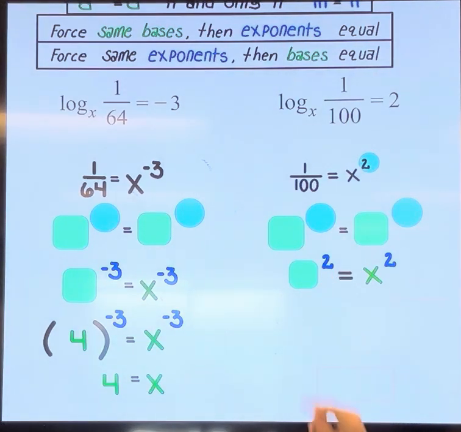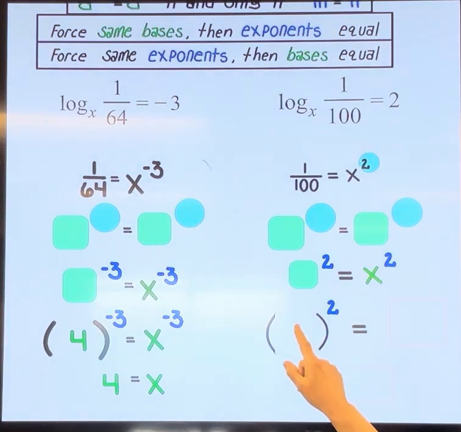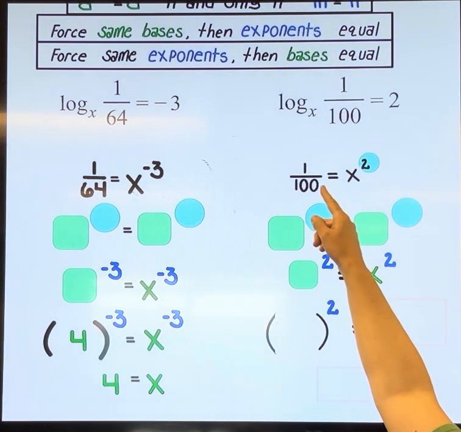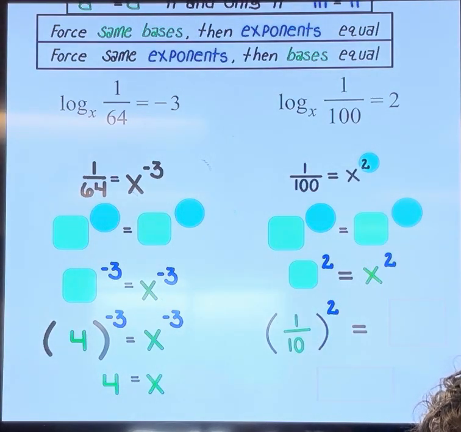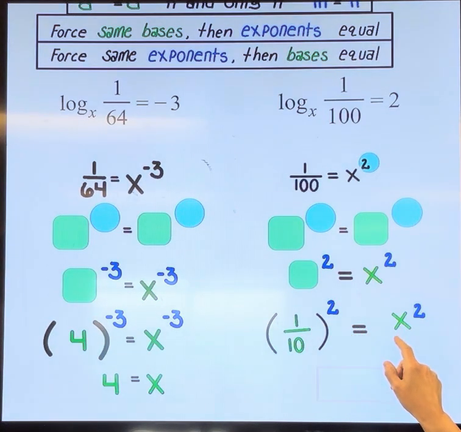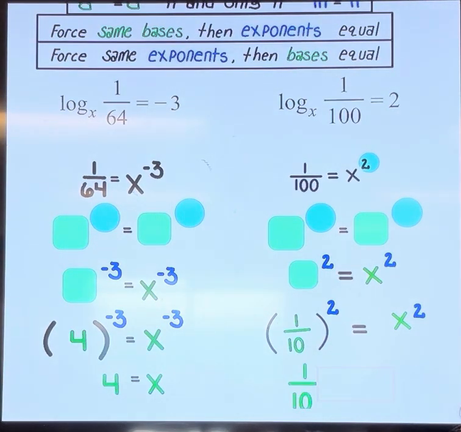Well, 1/10 multiplied by 1/10 is 1/100. So that's going to be 1/10. So if 1/10 squared is equal to x to the second power, then 1/10 is equal to x.